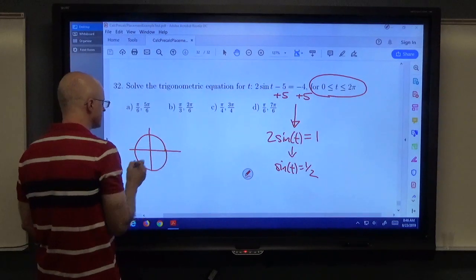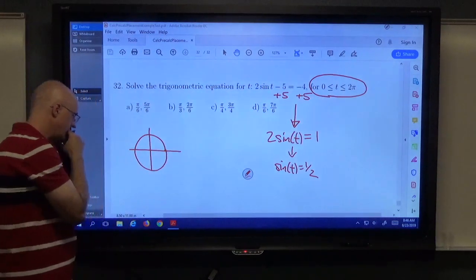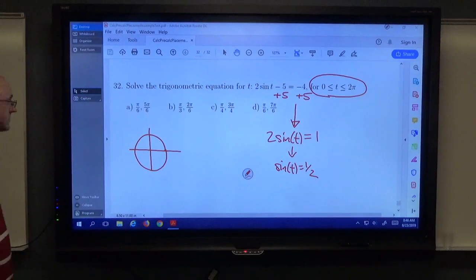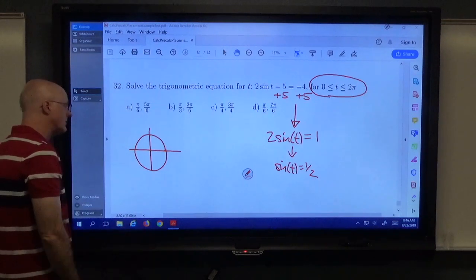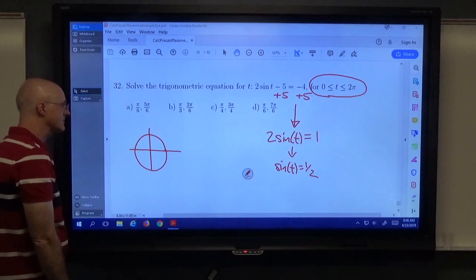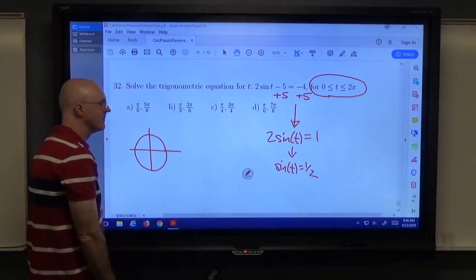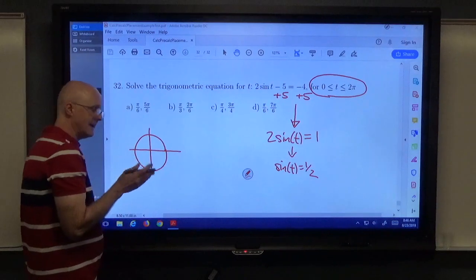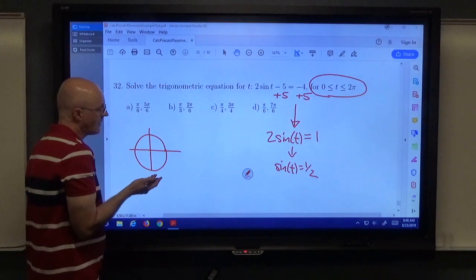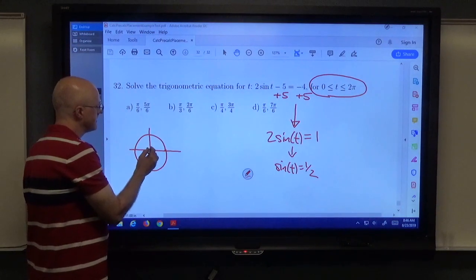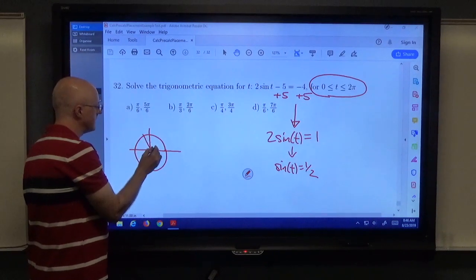Pretend this is the unit circle centered at the origin with a radius of 1. We're after angles whose sine is 1/2. The sine of t, thinking of t as an angle in radians, is the second coordinate of the point where this crosses the unit circle. So for example, let's say your angle is like this.